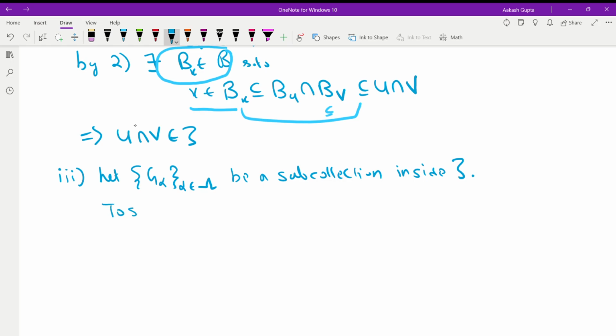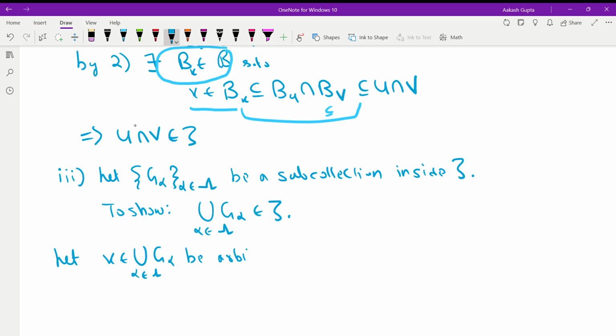To show the union is there. Let us see how we can do this. Again, what you have to do, guys? You have to take a point. So let X belong to the union of G alpha, alpha in capital lambda, be arbitrary.